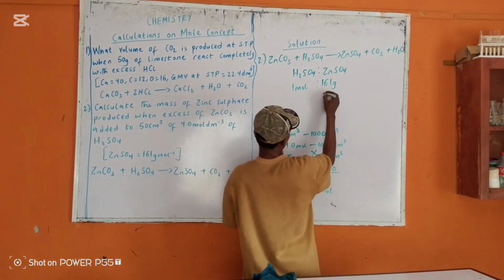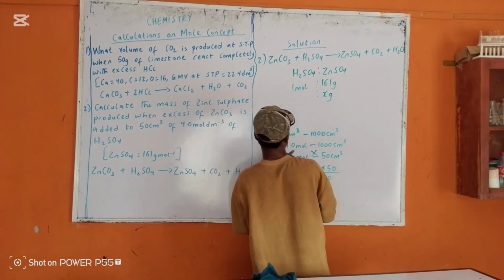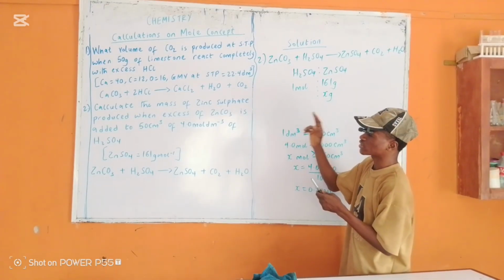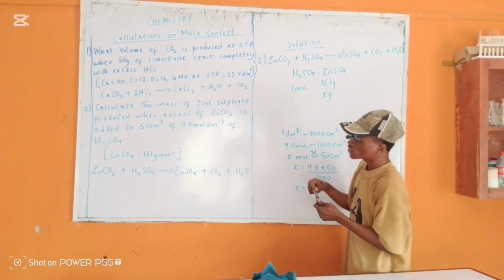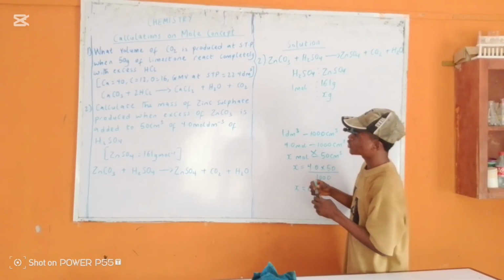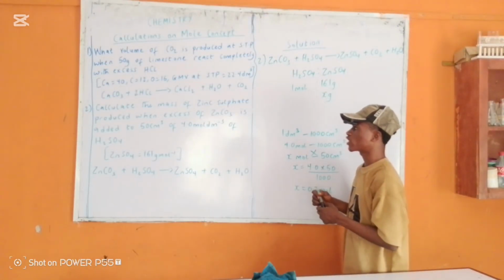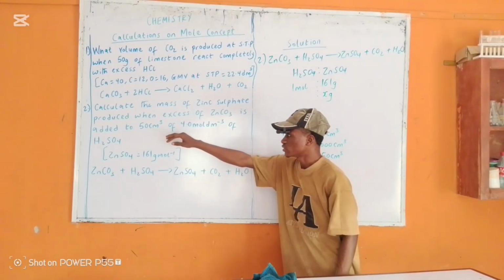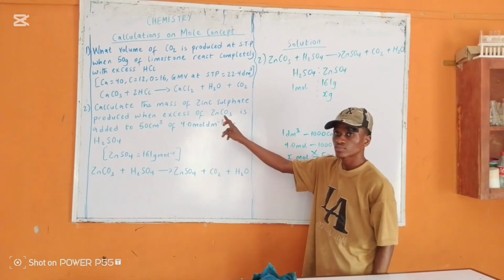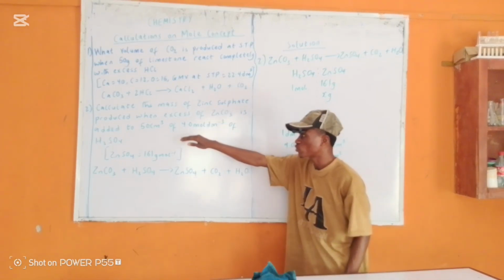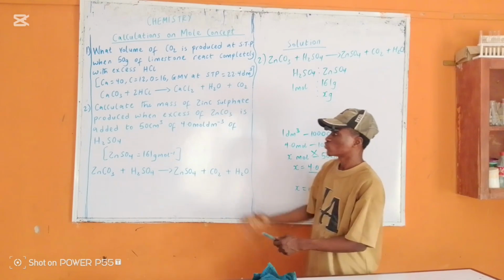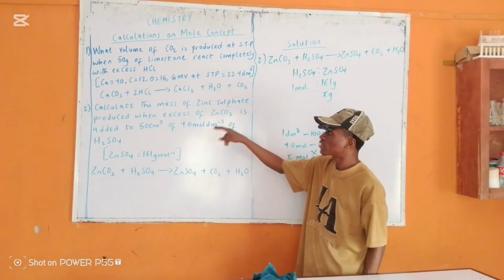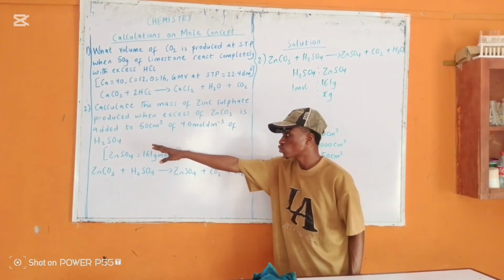So we have x gram produced when excess of zinc carbonate is added to 50 cm³ of 4.0 mol/dm³ of H2SO4. Please don't get confused. The value here is not for zinc carbonate. The value here is for H2SO4.